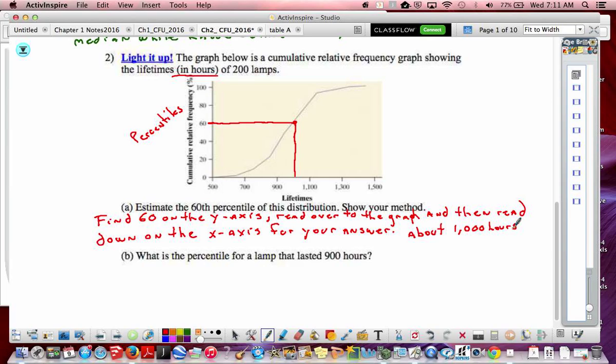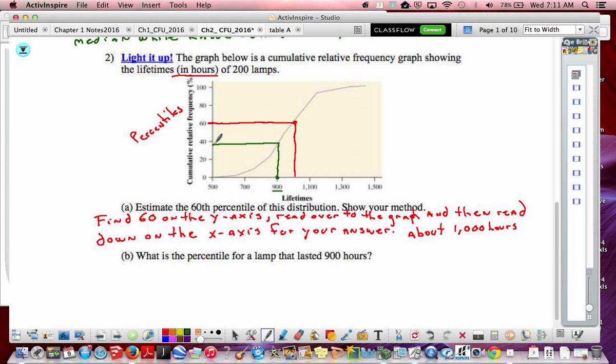So B just says, what is the percentile for a lamp that lasts 900 hours? So this one, we're just reading it in the opposite direction. We give you the lifetime, in this case 900, so we go up to the graph and then read straight across to get the percentile.